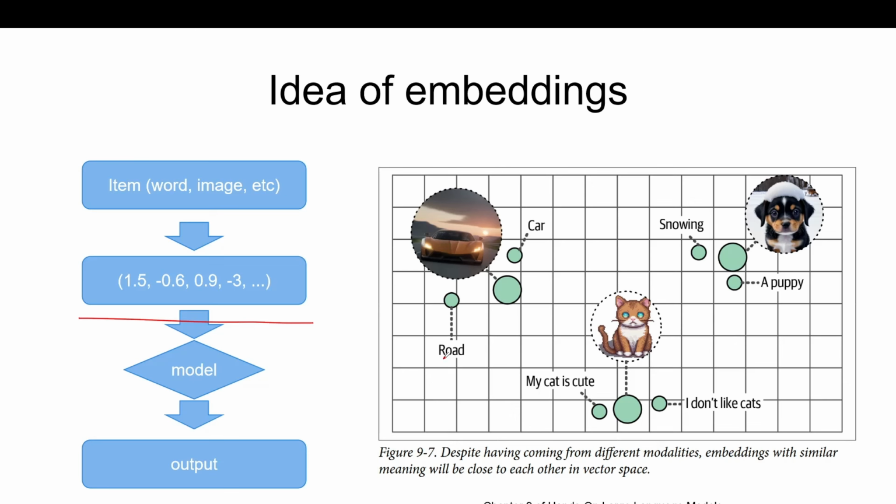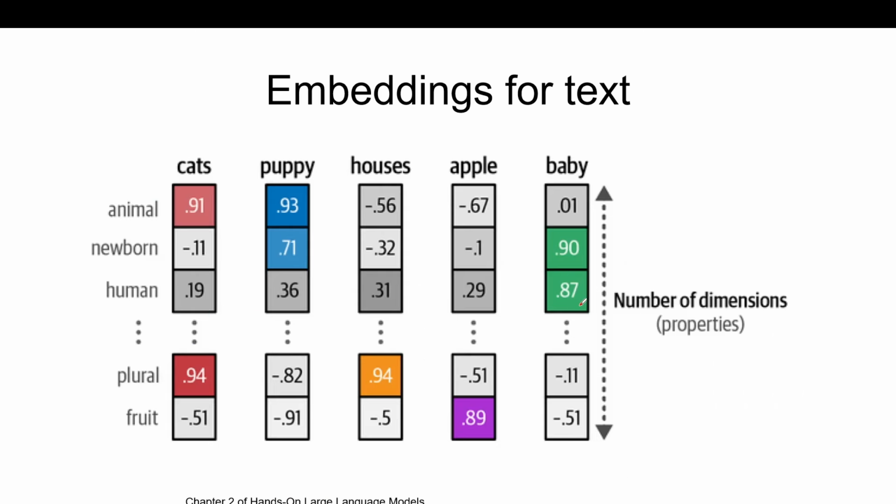For example, the road here, the car, and also the image of a car are very close to each other. And these are all the inputs related to cats, including a sentence about cats and also the image of a cat. They group together, close to each other in embedding space. So that's the second reason why embeddings are important.